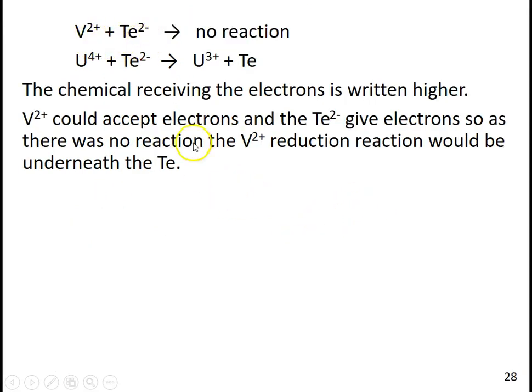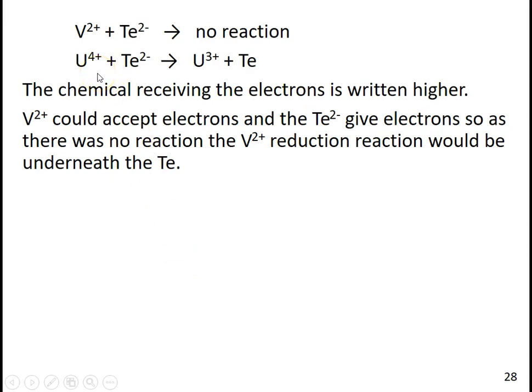So for a reaction to happen, V2+ is capable of getting electrons, and Te2- is capable of giving electrons. So the V2+ you would normally put up here, and the Te2- if there's going to be a reaction, but because there's not, then they must be in this pattern, V2+, Te2-, like that. Which means the tellurium reaction is above the V. So we've got Te, V so far.